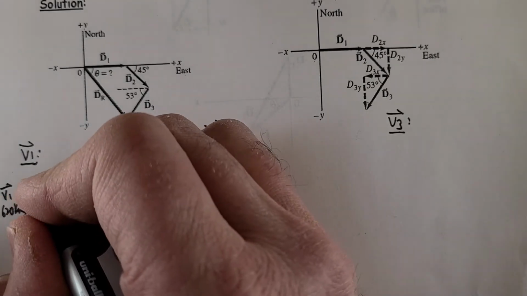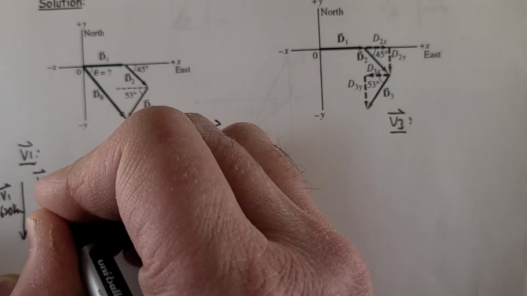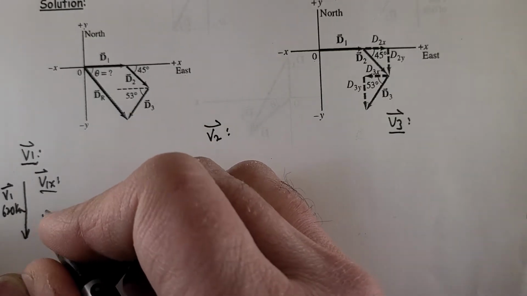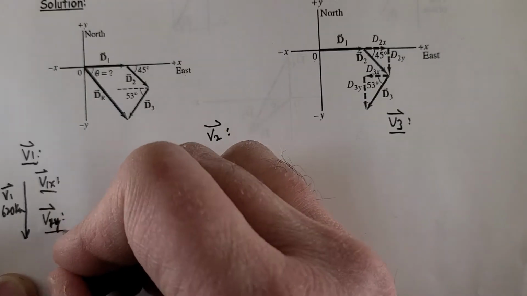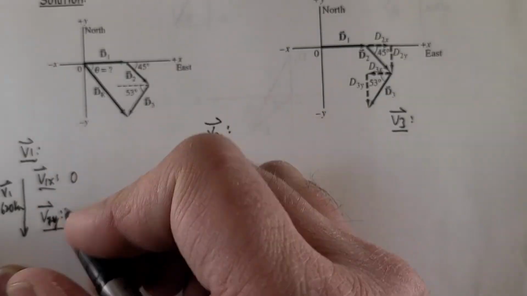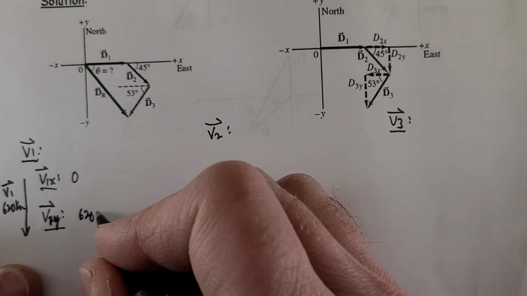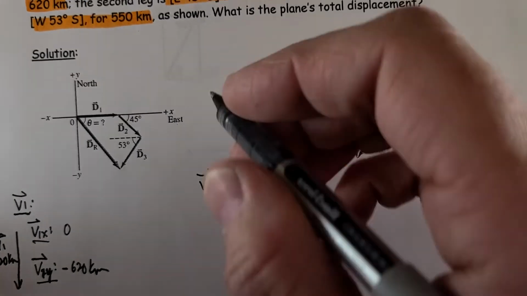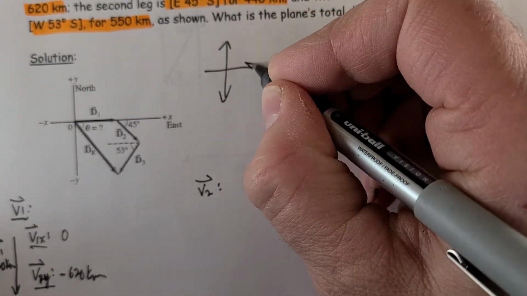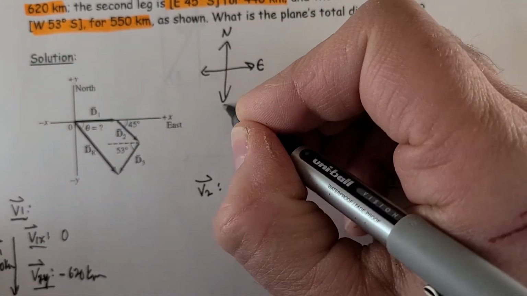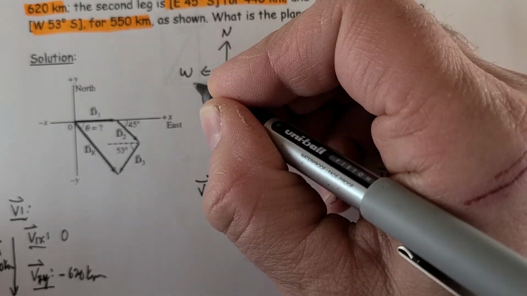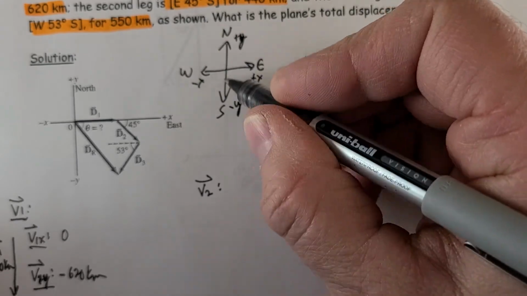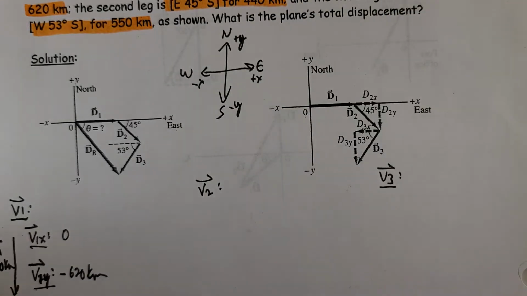So if I was looking at an X movement and a Y movement, V1X and V1Y, of course, in my X movement, I've moved 0, and in the Y movement, I've moved 620, but since it's pointing straight down, it is negative. So again, and don't be afraid to draw this if you need to: plus X, minus X, plus Y, negative Y. So straight south is negative Y.